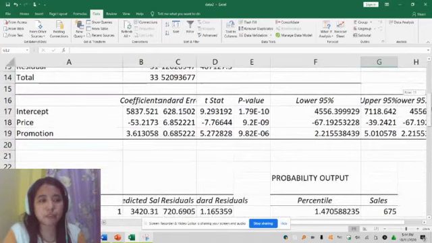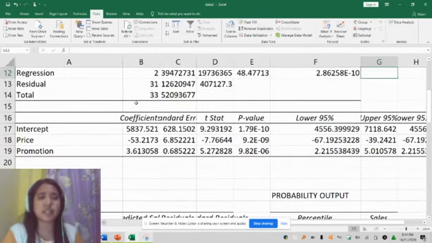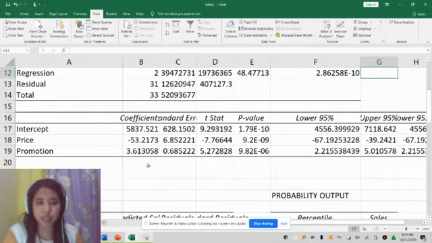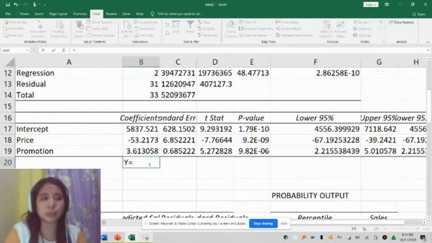Now, if we move to the next table, this is the table that represents the formula that we need because it shows us the model.